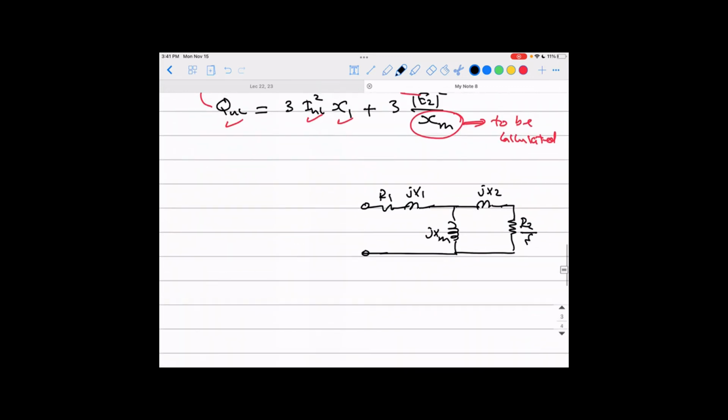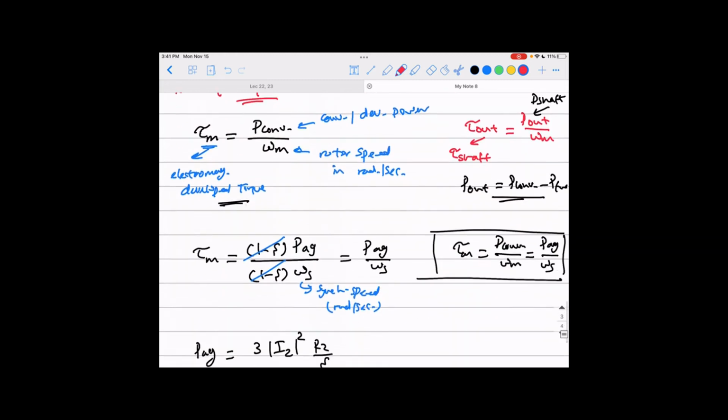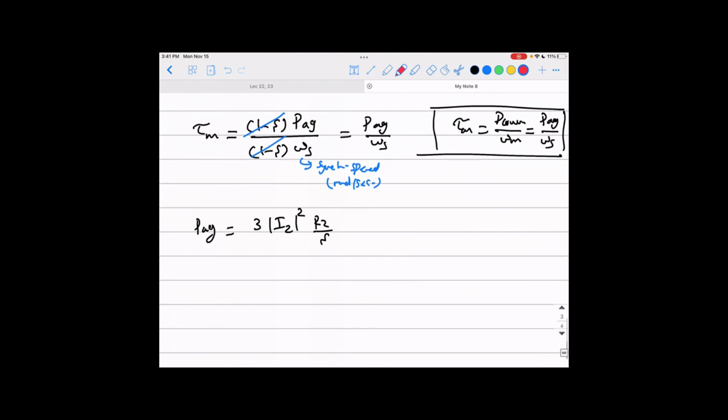So here is your rotor circuit, and here is your stator circuit. Between them is the air gap, so that is the P air gap going from the stator to the rotor. So the power going to this circuit, we know the power in the circuit is just represented in R2 over s, and all just the resistances. So the air gap power equals 3 I rotor squared R2 over s.